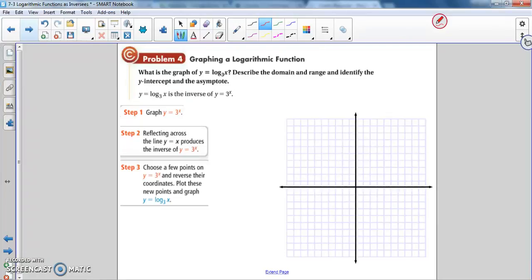So first we're going to graph y is equal to 3 to the x. We know our asymptote. We're going to plug in 0. We get (0, 1), that's 3 to the 0 power.